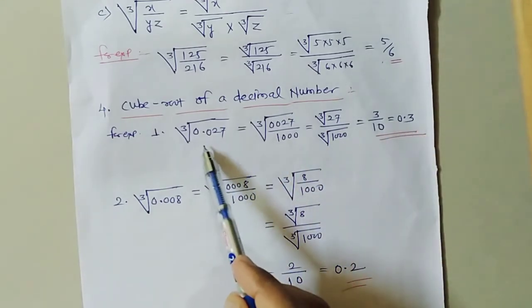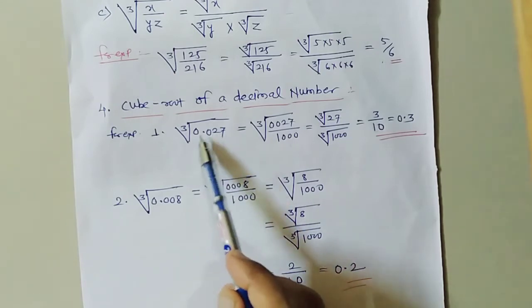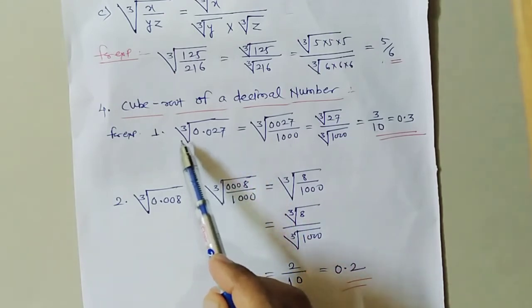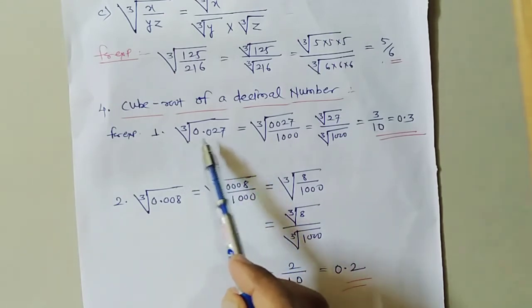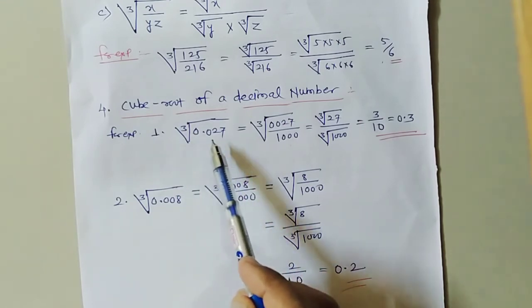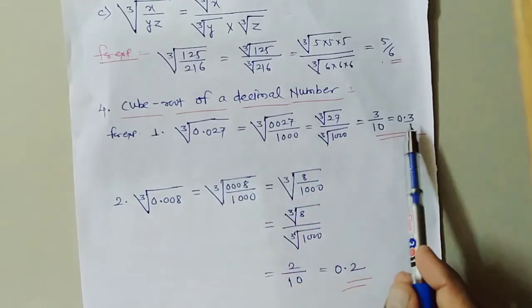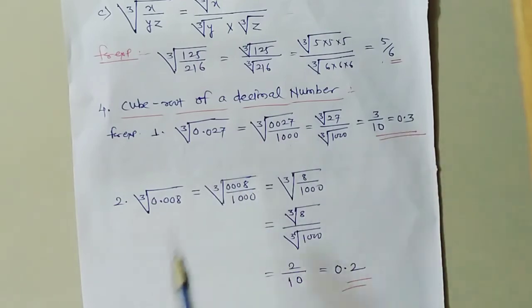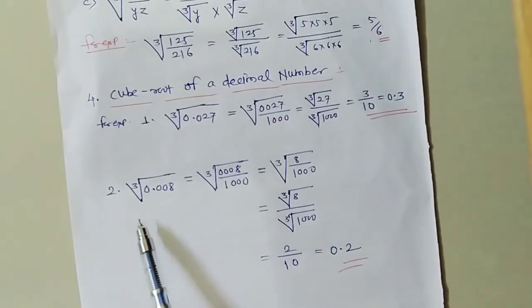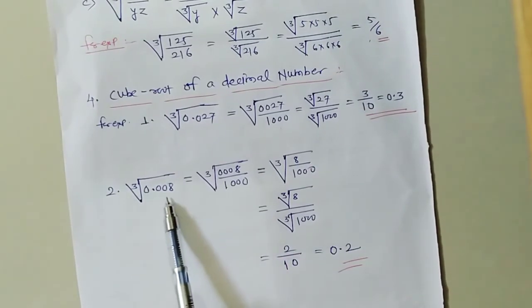So therefore the cube root of this decimal number, the cube root of 0.027, is equal to 0.3. You can see another example, cube root of 0.008.